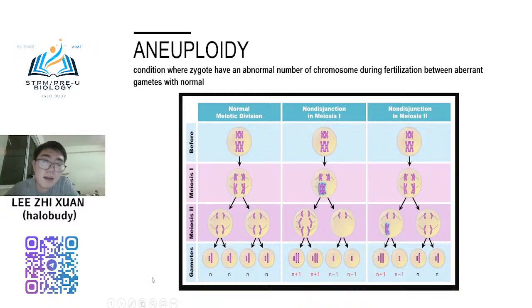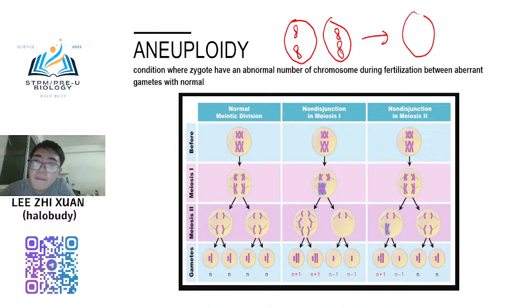In meiosis 1, the product should be this one and this one, and then this one and this one. But now it has changed, and one of them has only one. After meiosis 1, the daughter cells should both have 2 chromosomes. But here one has 3 chromosomes and the other 1 chromosome.